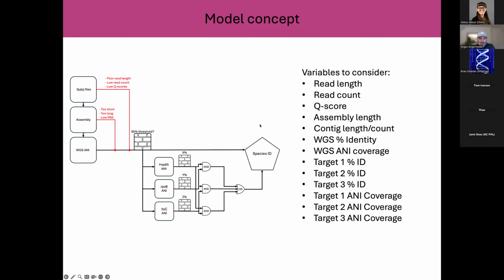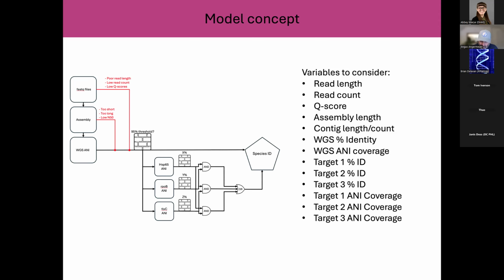So just to revisit the model and a number of the variables that are going into my consideration of this: like I said, read length, read count, Q-score, all of these FASTQ quality metrics, the assembly metrics, the whole genome identity, and the whole genome coverage, which in this case is essentially how much comparative length there is for the ANI.